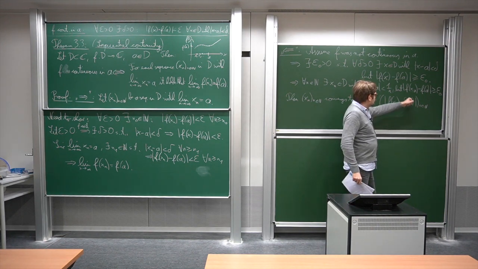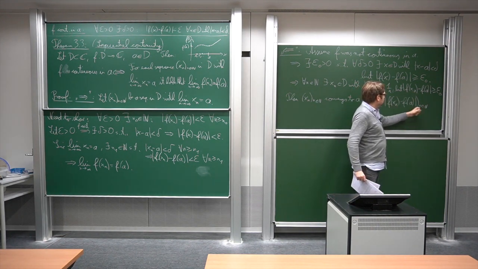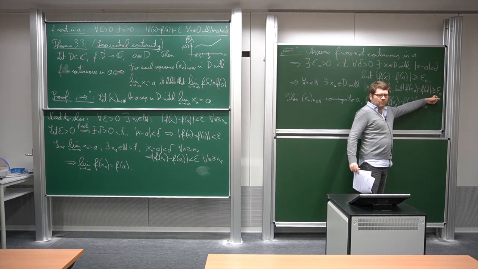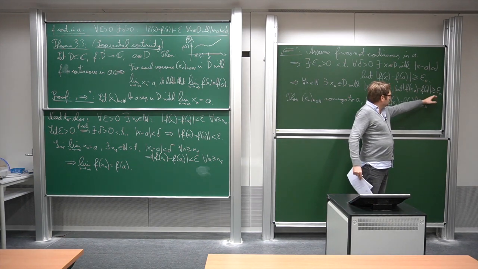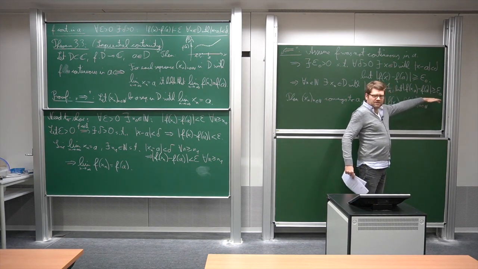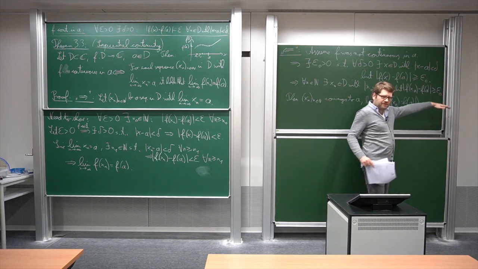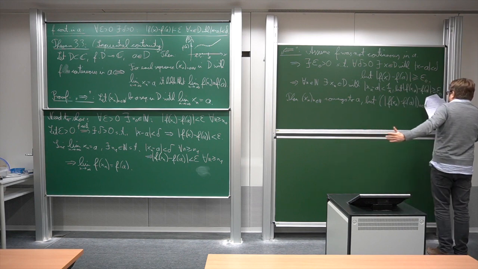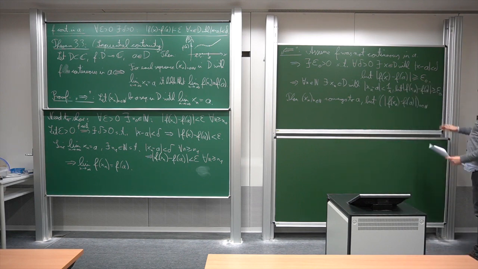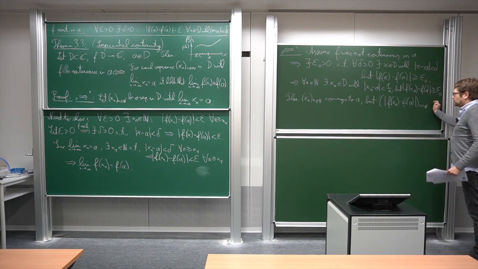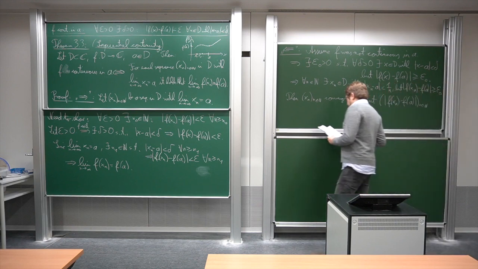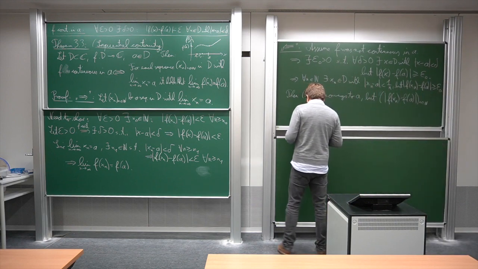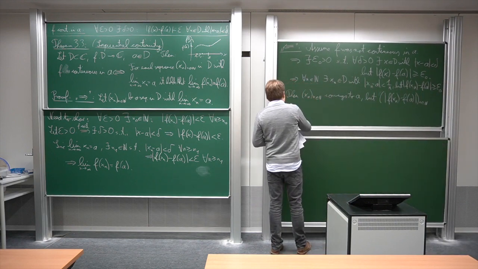But this is not the case, since we know that each of these values here is epsilon 0 or bigger, and this is a positive number. So this is bounded from below by a positive number, and so it cannot converge to 0. Right? If it converges, the limit is also bigger than or equal to epsilon 0. So this just cannot be the case at this point. So this does not converge to 0.